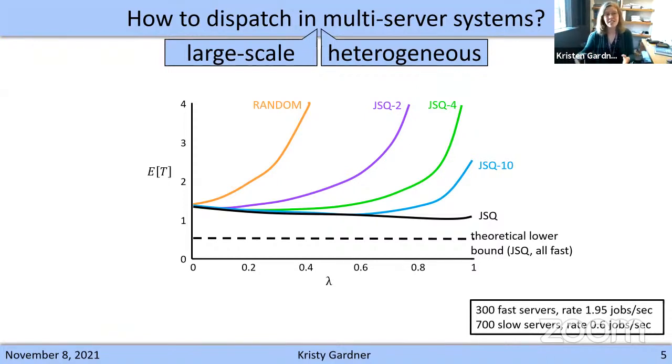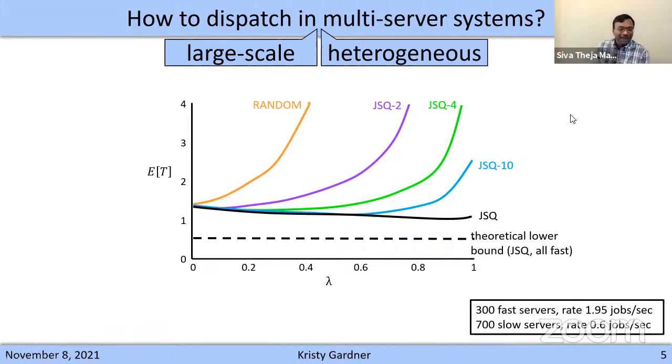As lambda starts to increase, if you send the same number of jobs to fast and slow servers, the fast servers are going to work through their jobs faster, and so they're going to end up having the shorter queues. And now we end up using the fast servers a little bit more often than the slow servers. I'm glad that you asked that question, because that was definitely one of the weirder things that we saw when we started working on this, and it was kind of fun to think through what was going on there.